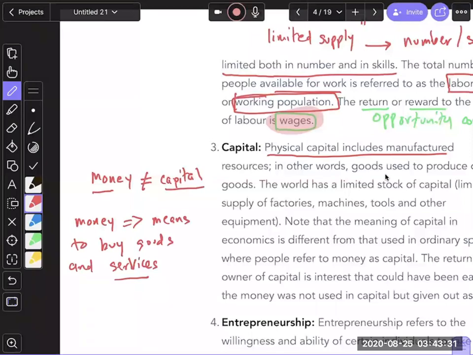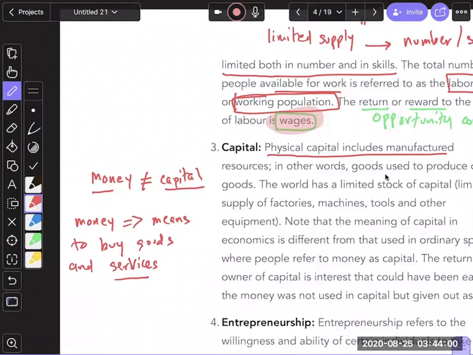That's why for us, versus accounting, things become a little different. In accounting, if you say capital, it's the money, the equity that was put in when the business started. But in economics, capital is simply those resources which are not nature-based, but actually man-made aid to production.